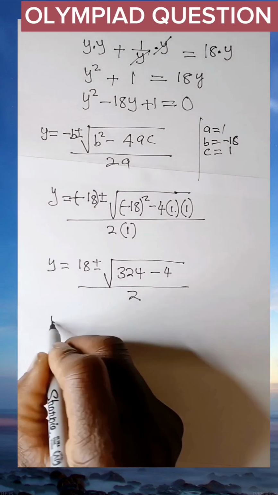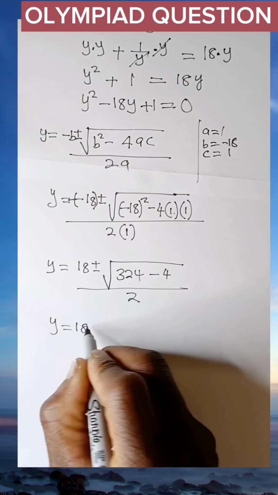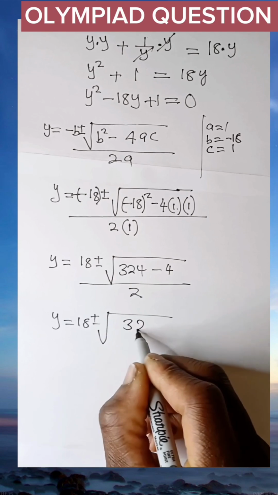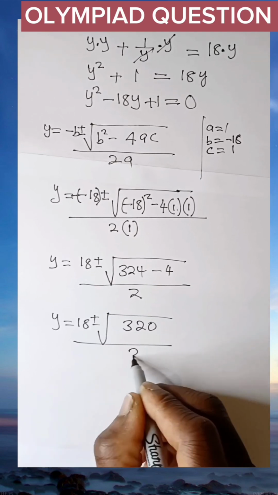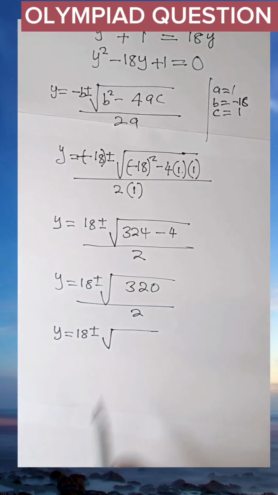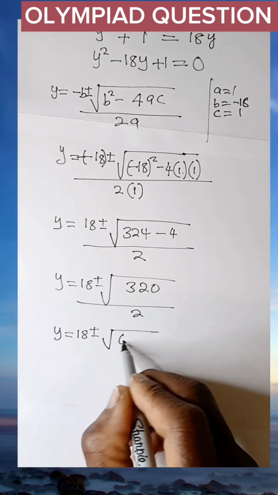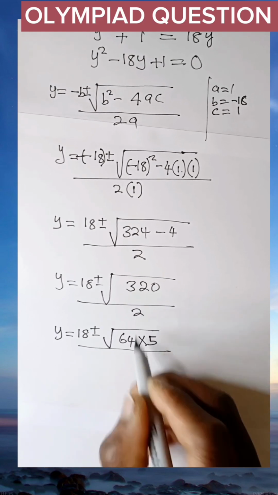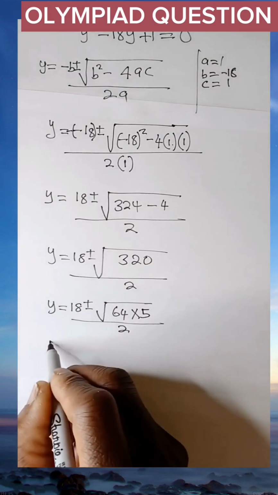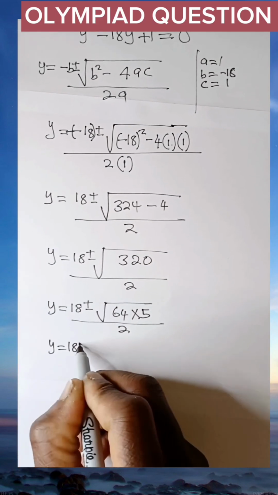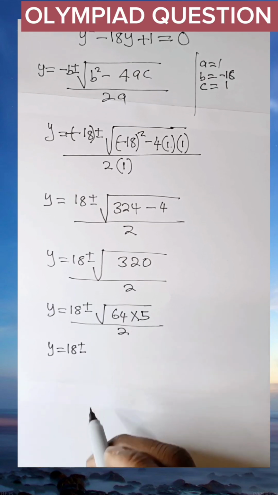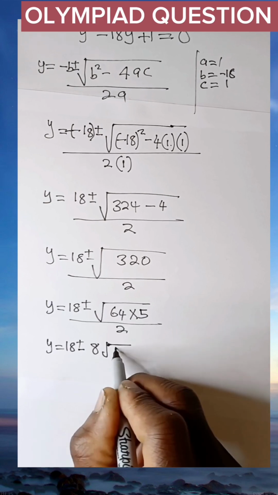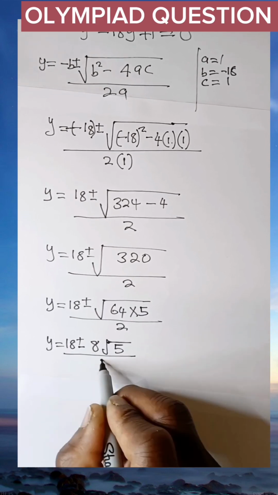So we have y is equal to 18 plus minus the square root of 320 divided by 2. We can split 320 as 64 times 5 divided by 2. We have y is equal to 18 plus minus the square root of 64 is going to give us 8. So we have 8 times the square root of 5 divided by 2.